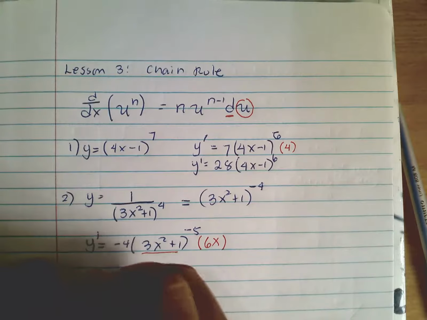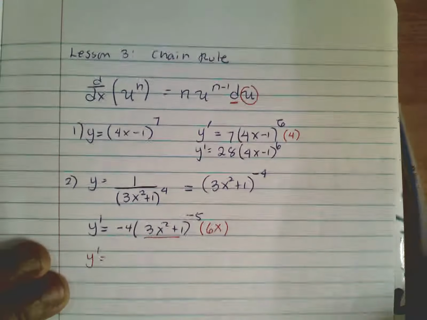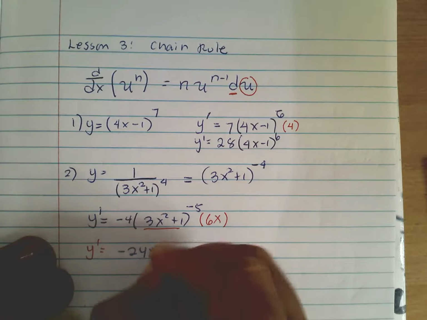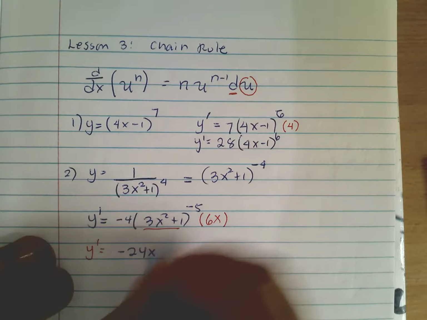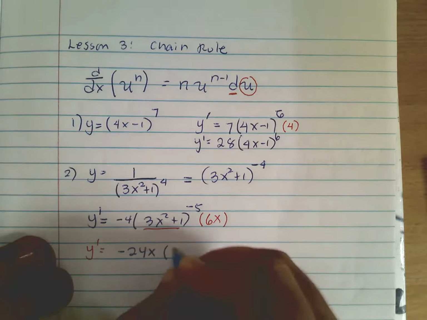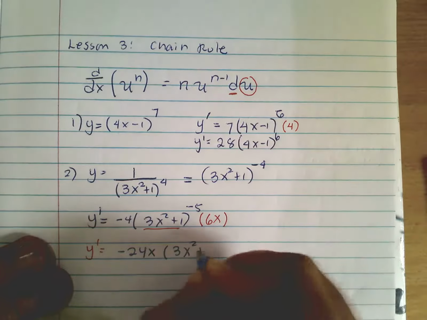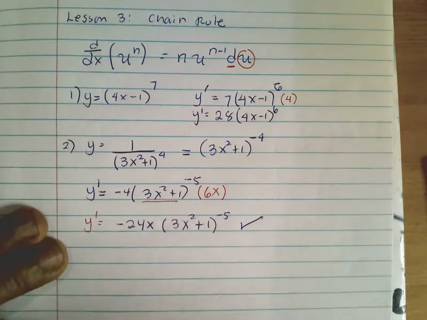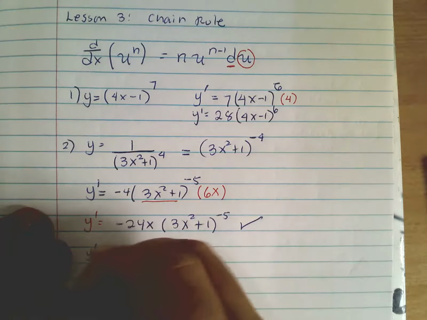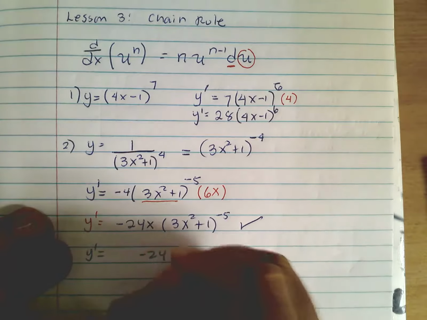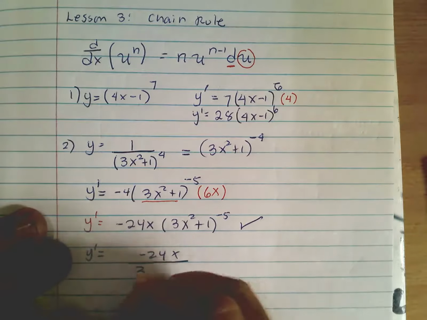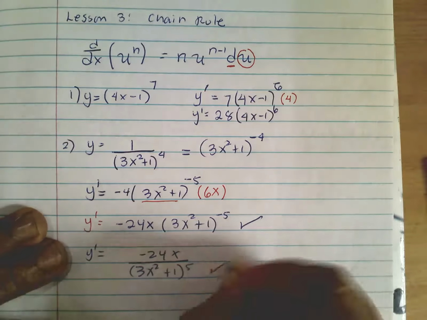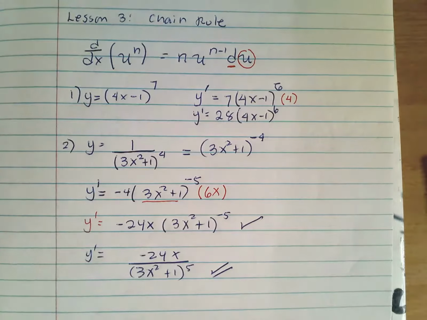So therefore, the final answer now is y prime is equal to negative 4 times 6x is negative 24x, then 3x squared plus 1 raised to negative 5. So this is already an answer. However, if you would like to write that in this form, negative 24x over 3x squared plus 1 to the 5th, then that's also correct.